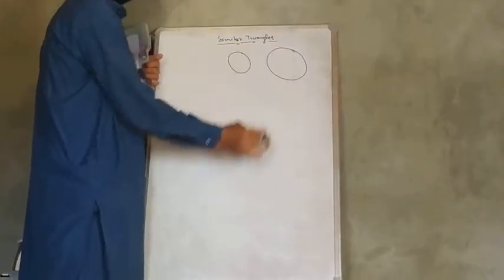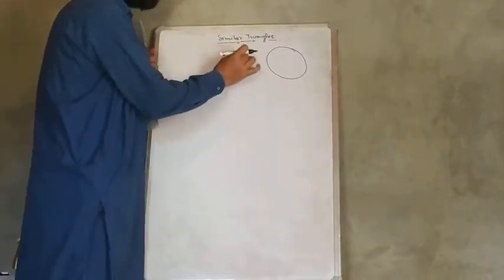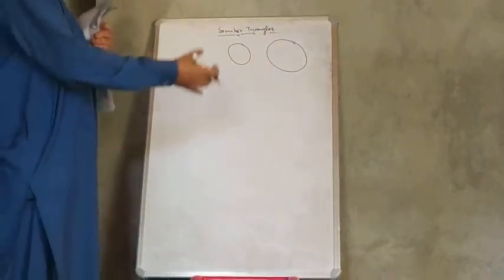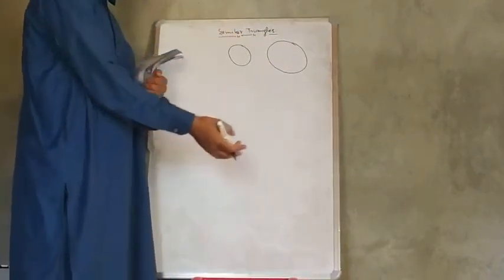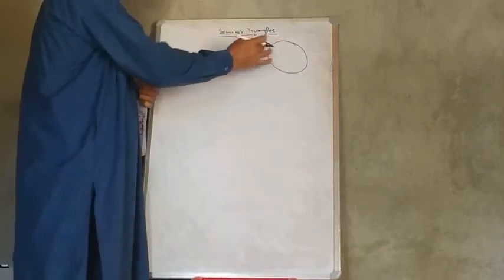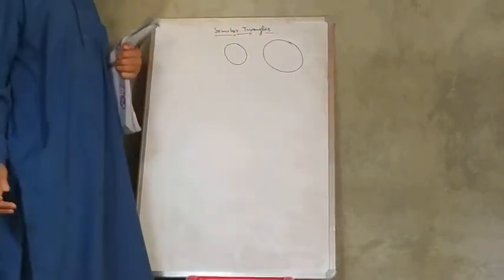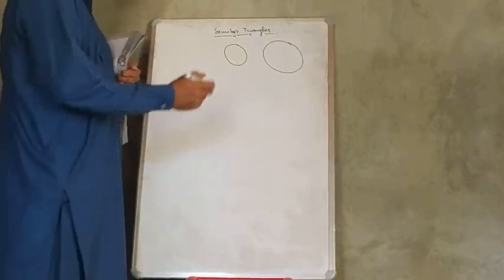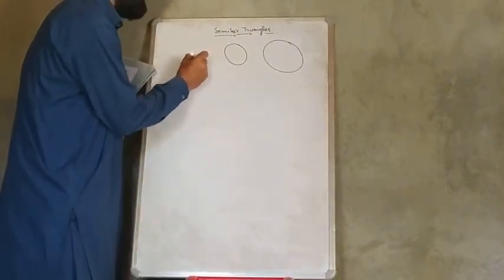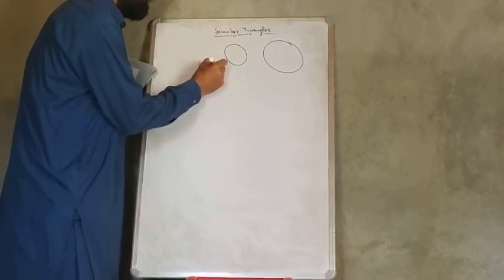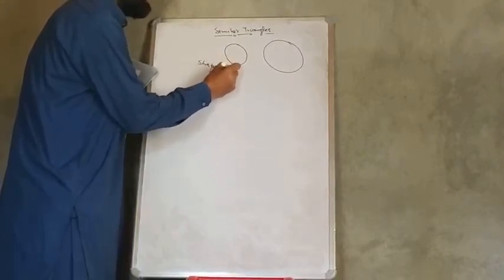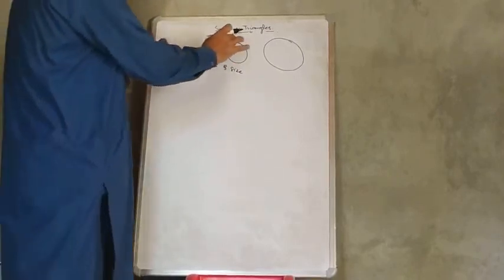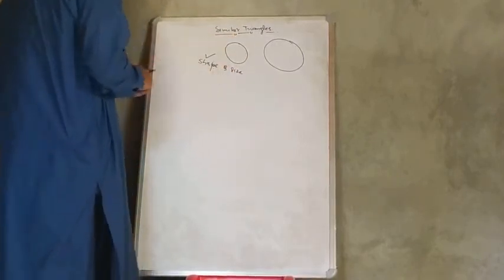These two are similar because this is circular and this is also circular, and these two round figures are similar, so we can call similar in shape, so we can call them similar figures. And in case of triangles, both shape and size must be same for congruency, but for similarity only shape matters.